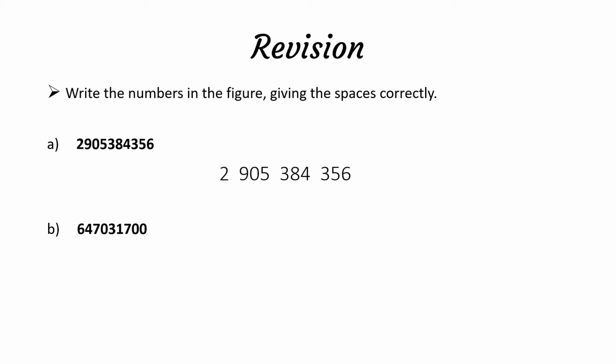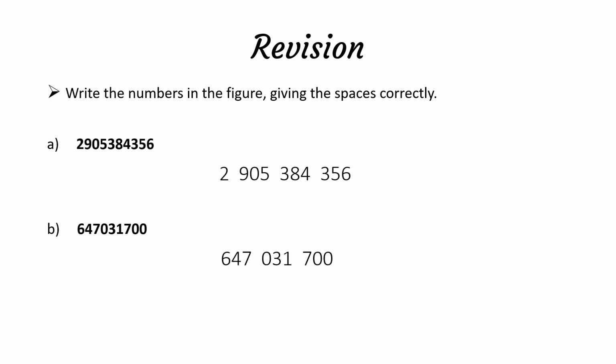We give space after 3 digits starting from the right side, because in international number systems we have groups of 3 digits. And what do we call the first group? Units group, then thousands group, then millions group, and then billions group. So now similarly let's write the next number.